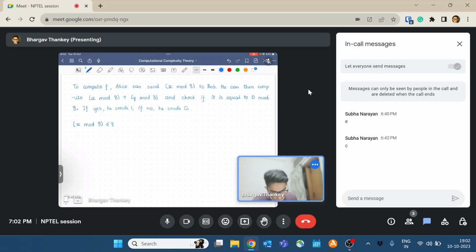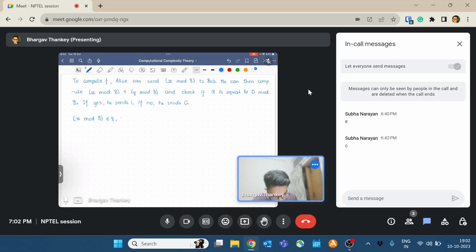So x mod 8 requires only 3 bits. So the communication complexity is 4 because Bob also sent this one-bit answer to Alice.